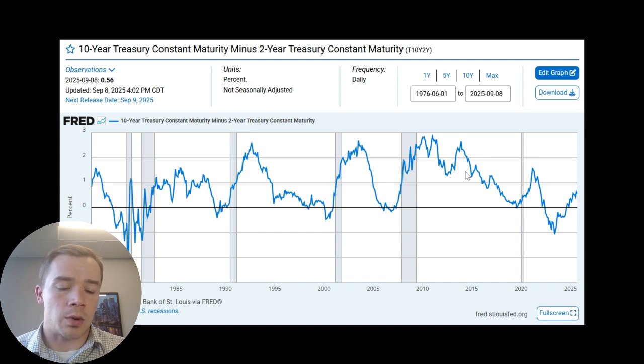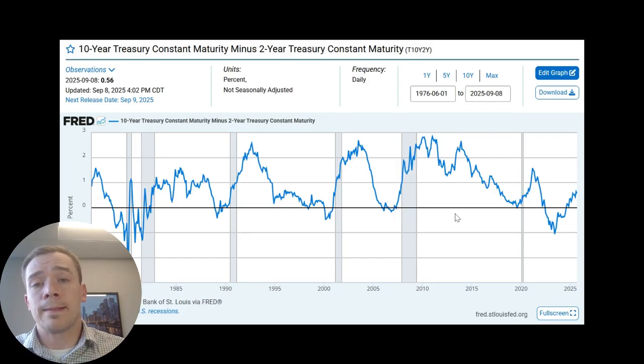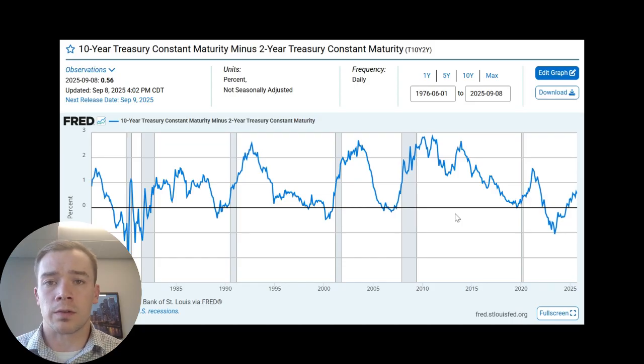But you know what a lot of people don't know, and people will say, "Well, we've achieved the soft landing, we uninverted the yield curve," but typically the time frame after the yield curve uninverts is 1 to 3 years for a recession. So we're still well within that window since the yield curve is uninverted. I would love to see a soft landing, but that's kind of what the data shows historically.